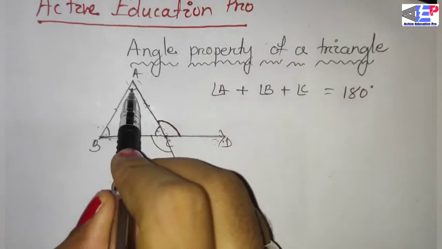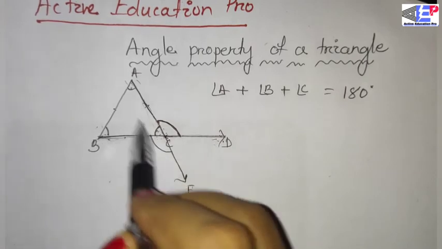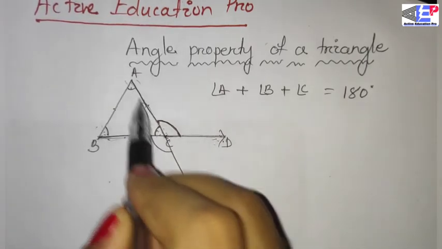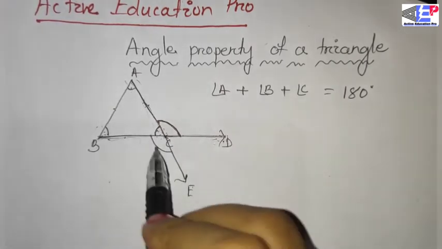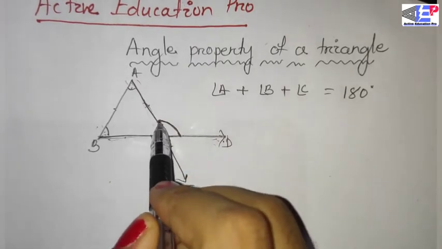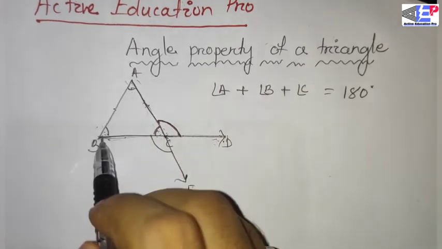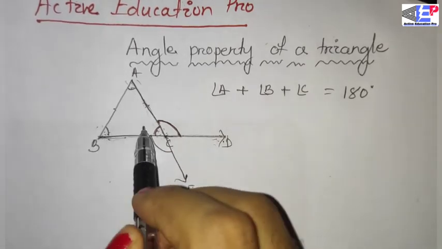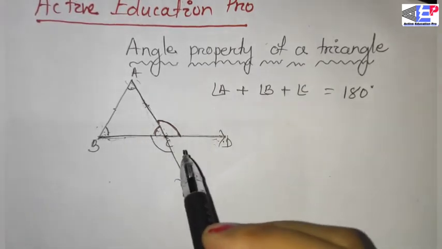But angle A and angle B are interior angles that are not adjacent to ACD. Again I repeat, ACD is adjacent to ACB, but A and B are not adjacent; they are interior angles of triangle ABC.